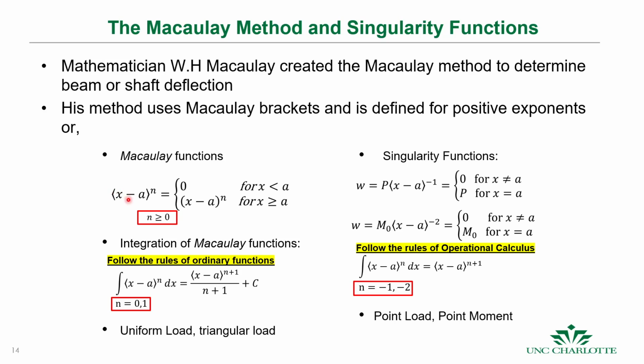The notation looks the same, but for n equal to 0 and 1, they follow the rules of ordinary calculus integration. When they're negative exponents, they follow the rules of operational calculus. If you look at the book and the notation, they don't explain this, but this is the difference.